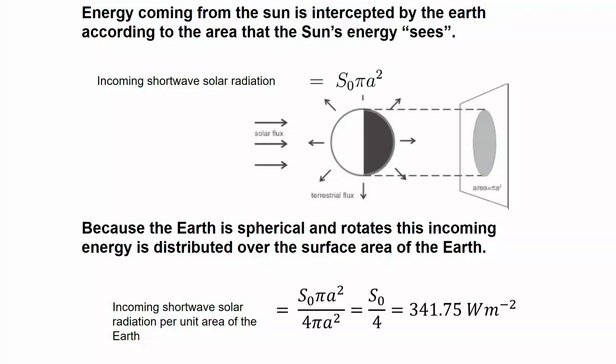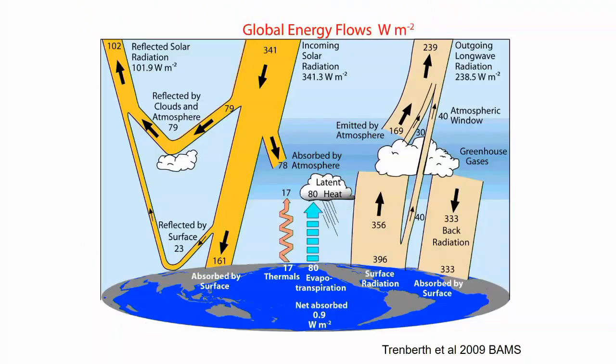And that energy is spread out over the surface of the sphere. There's a relationship between the surface area of a sphere and a circle, and that is where this divide by 4 comes in. So we're spreading out that area over 4 times the area of the shadow, which is the surface of the sphere. So we actually get 340 something watts per square meter on the Earth's surface, and that's that number up there.